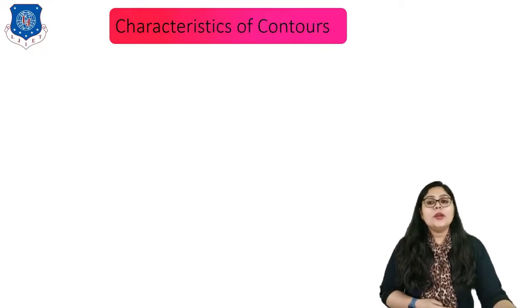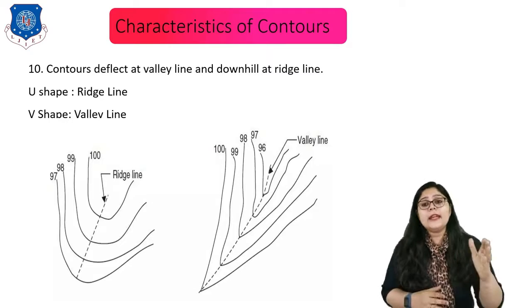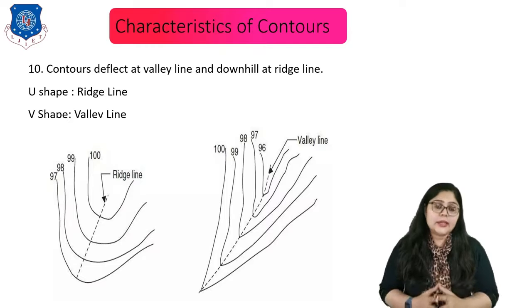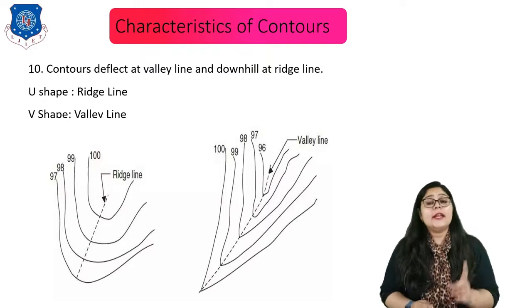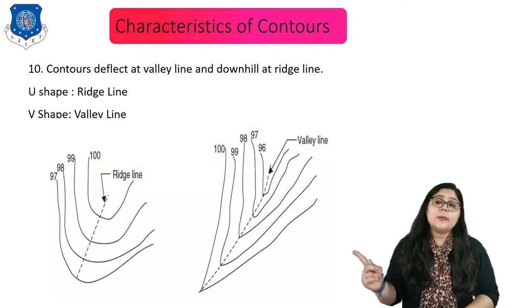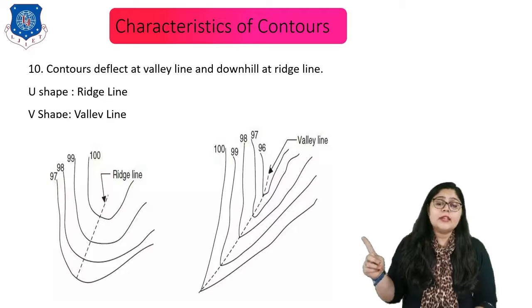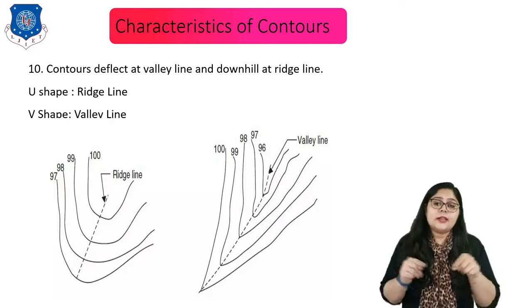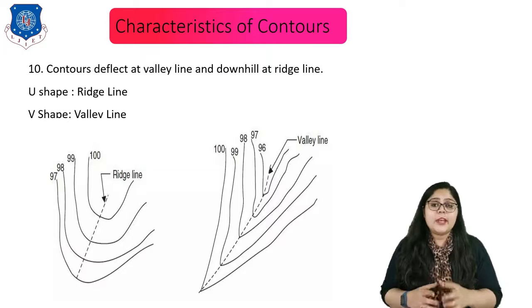Now, the tenth one says that contour lines deflect toward the valley line and downhill at the ridge line. Here you can see a U shape indicating a ridge line and a V shape indicating a valley line. The ridge line is a line passing through the apex points, and in the same way the valley line passes through the apex point.